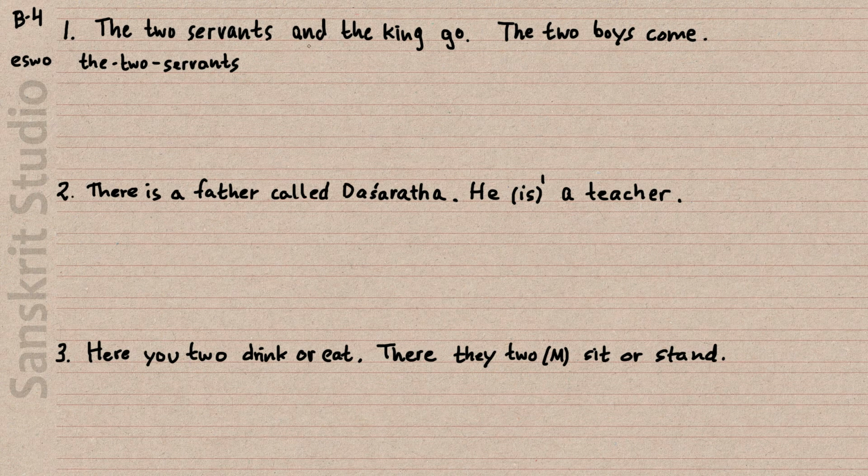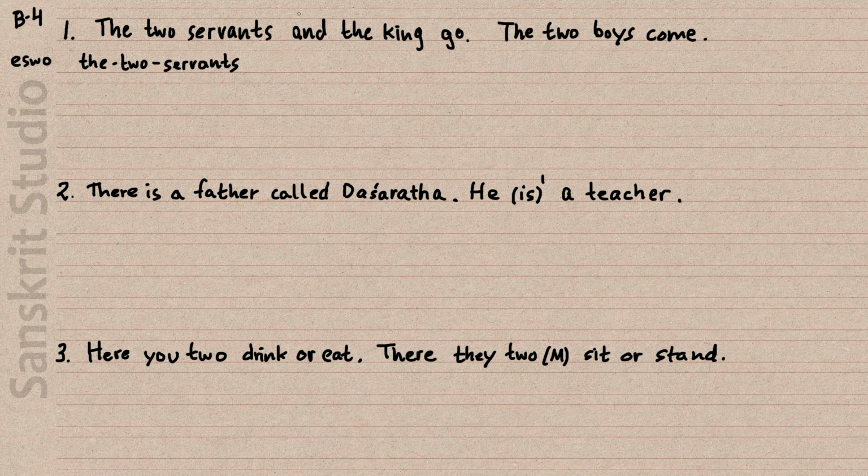So it's not a phrase, because with the many words here in the English variant, we may think that the two servants is one phrase and the king like that, but of course it's not the case, because the two servants is actually just one word in Sanskrit, and the king likewise.